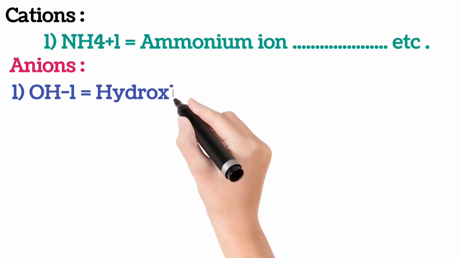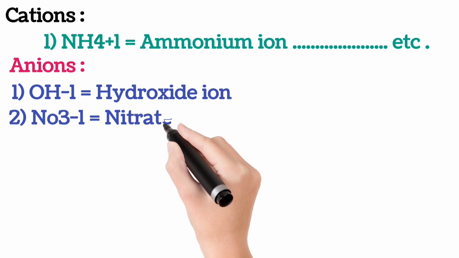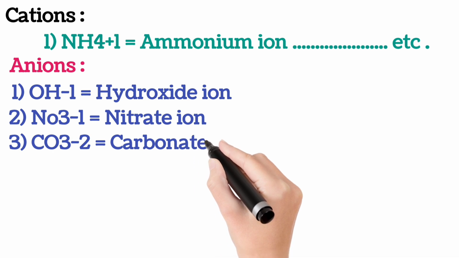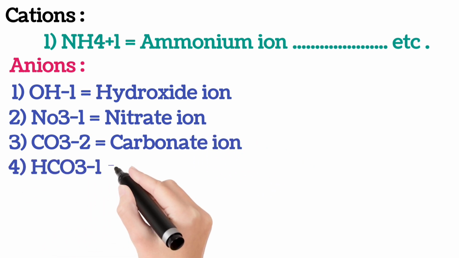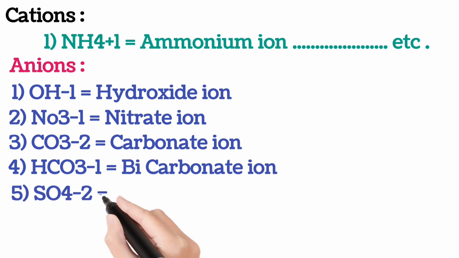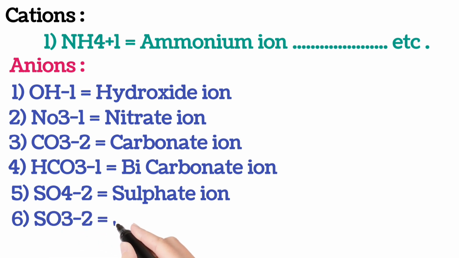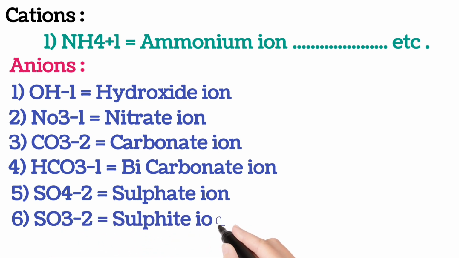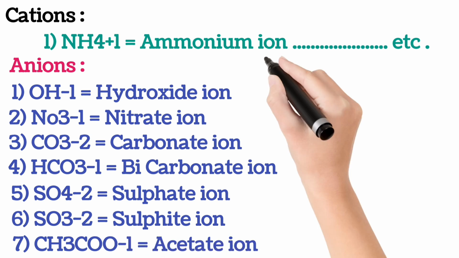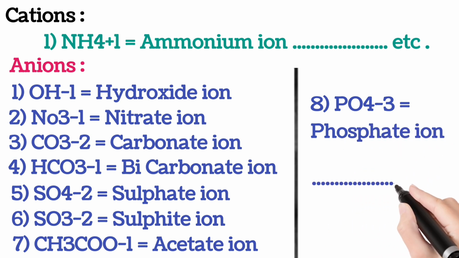OH-1, called hydroxide ion; NO3-1, called nitrate ion; CO3-2, called carbonate ion; HCO3-1, called bicarbonate ion; SO4-2, called sulfate ion; SO3-2, called sulfite ion; CH3COO-1, called acetate ion; PO4-3, called phosphate ion.